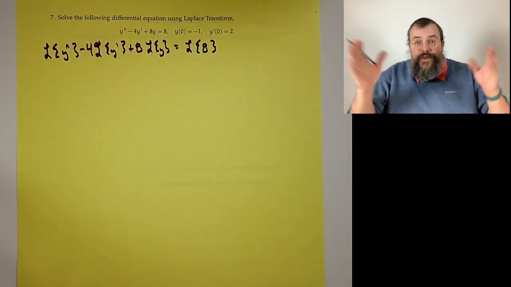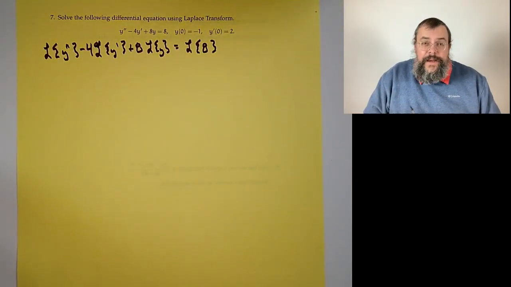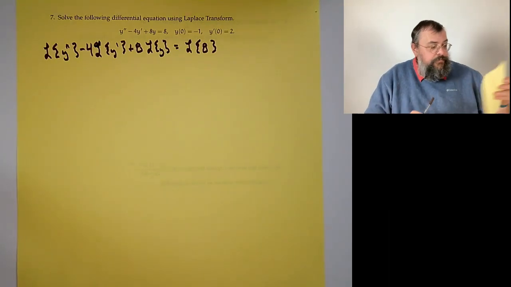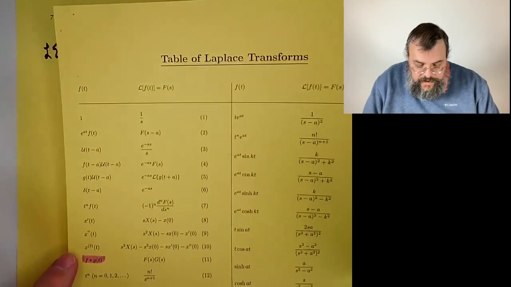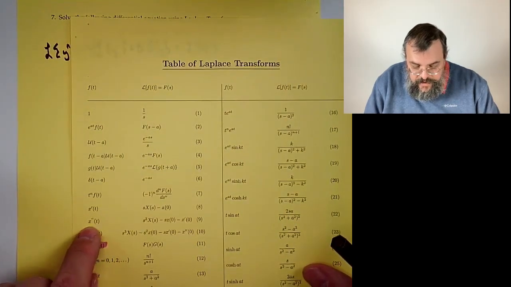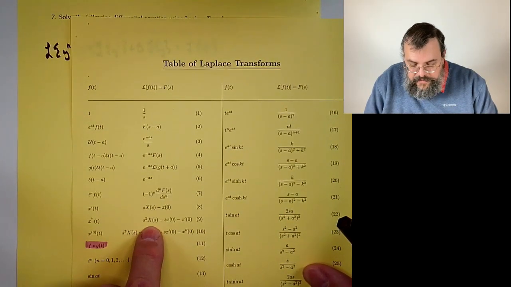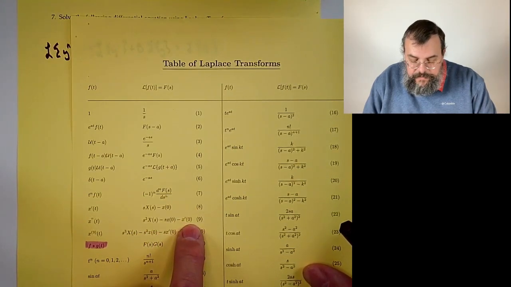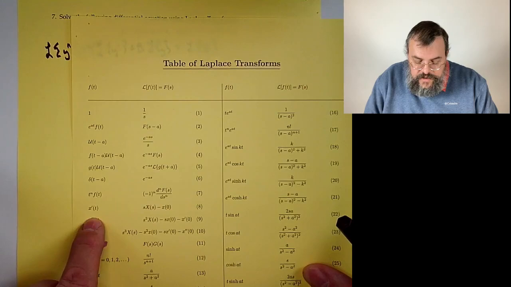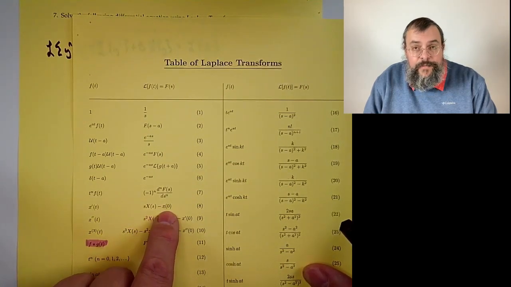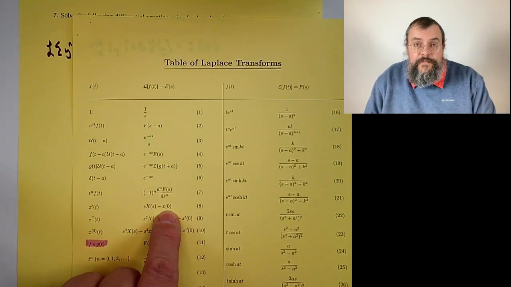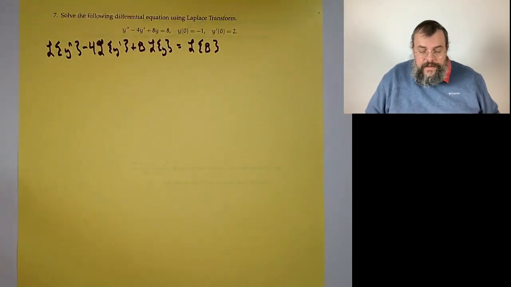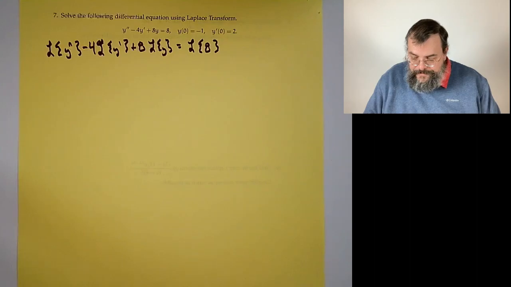Now, of course, our table helps us because it says when you have a second derivative, it's s squared times the function you're after, minus s x of 0, minus x prime of 0. When it's the first derivative, it's s times the function you're after, minus x of 0. Of course, the x's become y's, but other than that, the sentiment is the same.